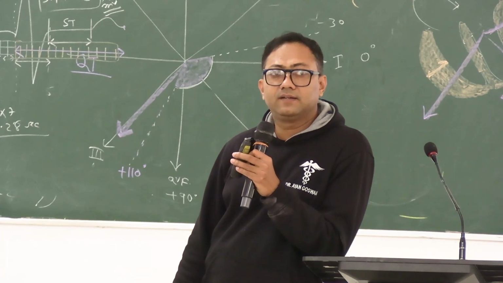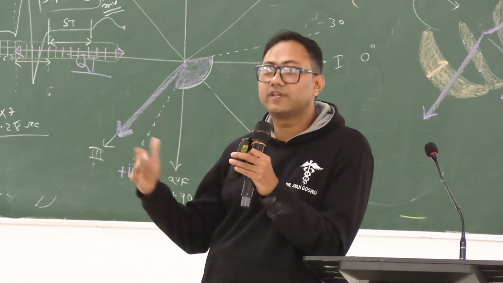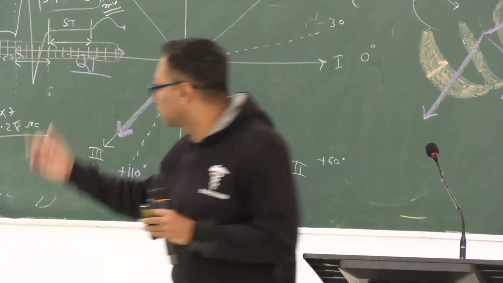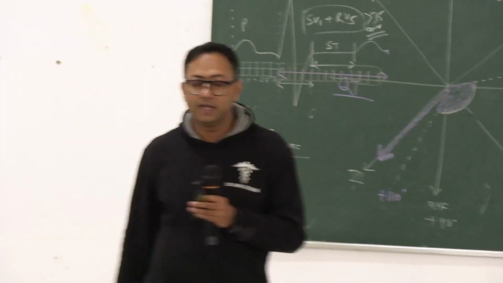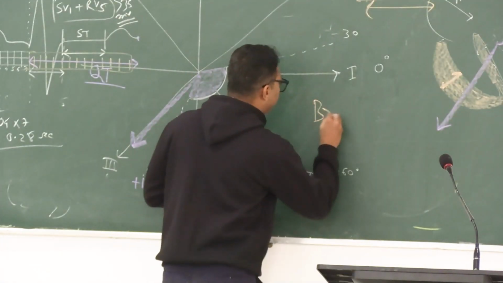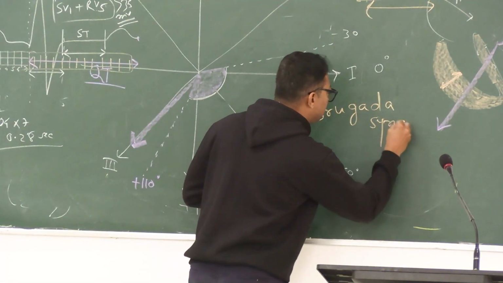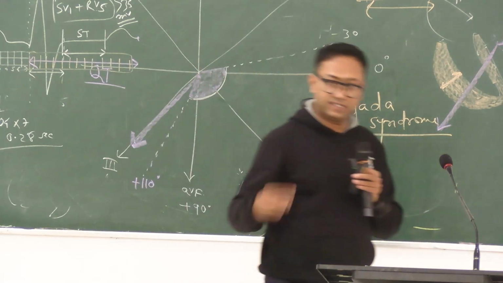So what happens in LQT? LQT means long QT, and the disease is called long QT syndrome. It is due to a defect in the ion channels. One important example is Brugada syndrome. It is also due to a defect in the ion channel.